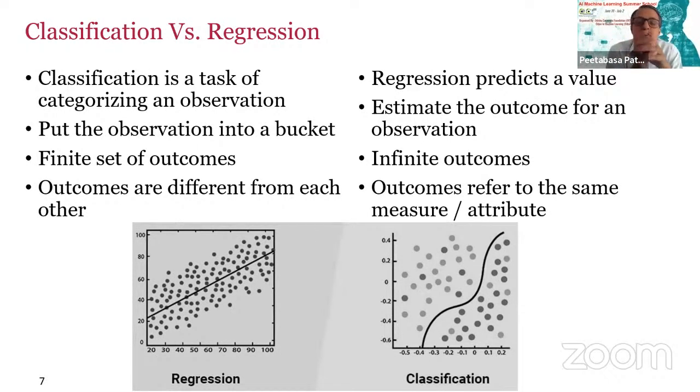I want to do a classification activity, which basically means I want to categorize this particular student as a male student or a female student. Here we have a finite set of outcomes available to us. When we take an observation and bucketize it into one of the categories, which are typically small in number, though of course it could run to thousands, and are a well-defined set of buckets, that process is called classification.